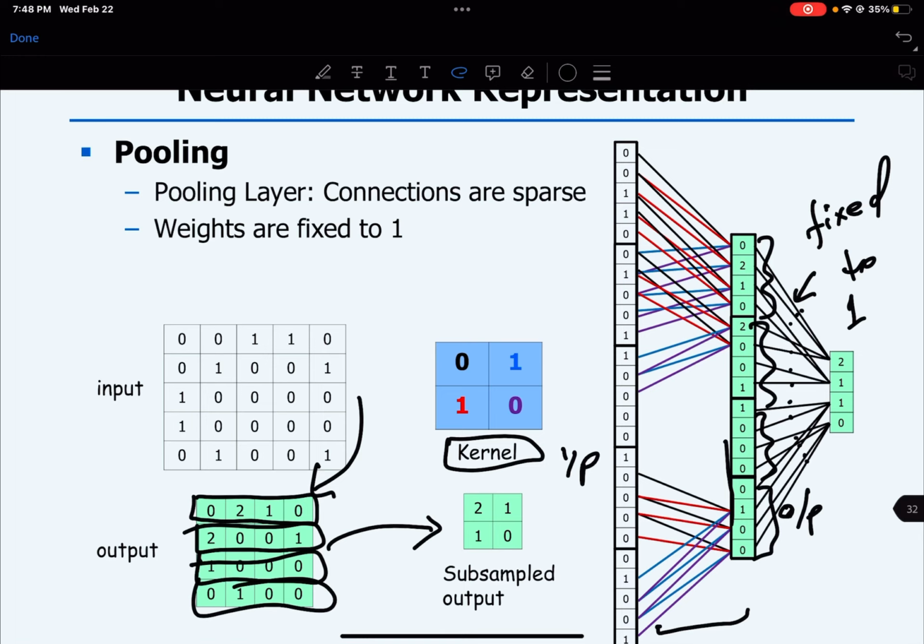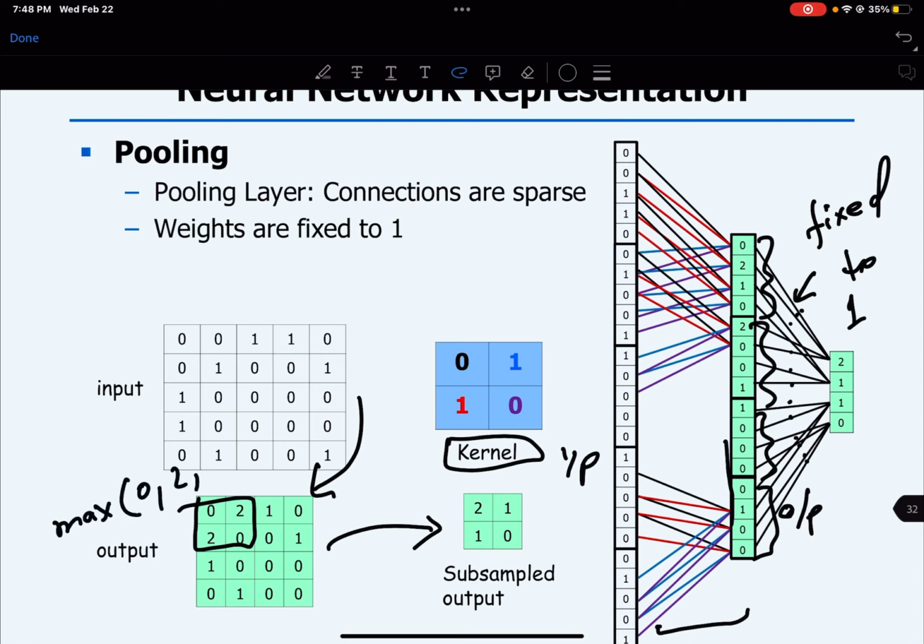If we consider this first max pooling, the max is 2, which is our output here for the max pooling.